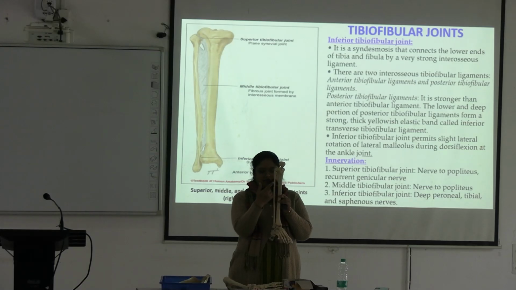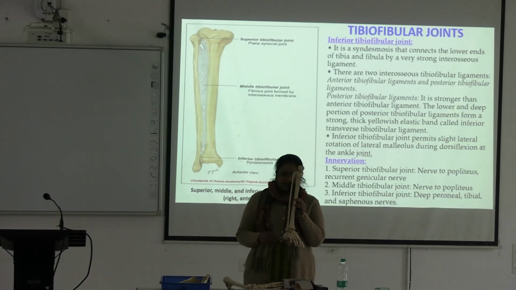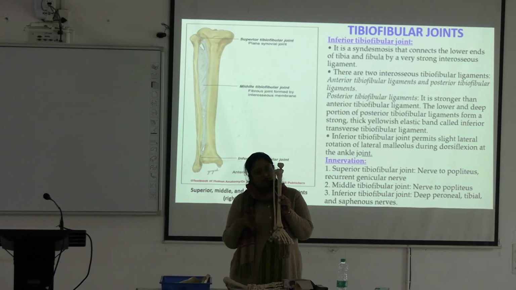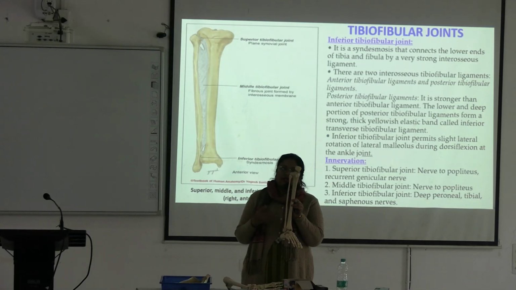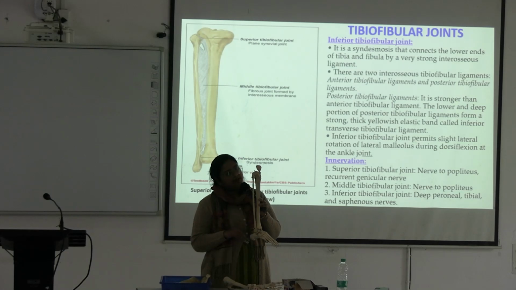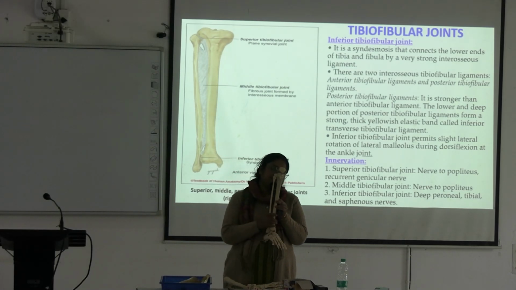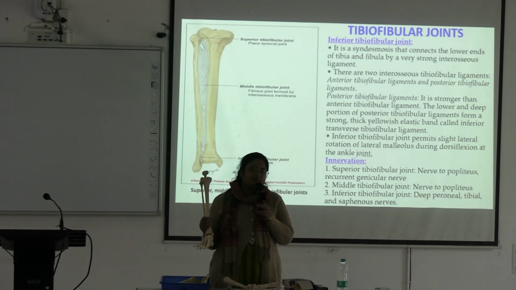Here, connecting the two interosseous margins, is the middle tibiofibular joint, that is syndesmosis or fibrous joint, and here is the inferior tibiofibular joint. The lower ends of the tibia and fibula are connected by the ligament and some fibrous tissue, and that is also syndesmosis. Okay, understood? The ankle joint is a synovial joint, a hinge type of synovial joint. Understood? So you must remember the type of joint.